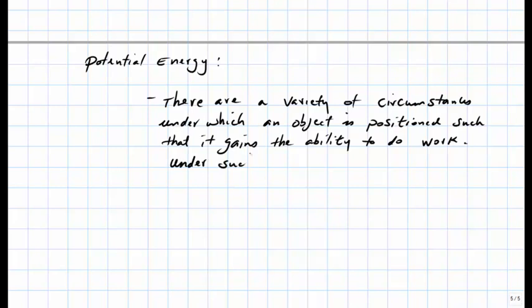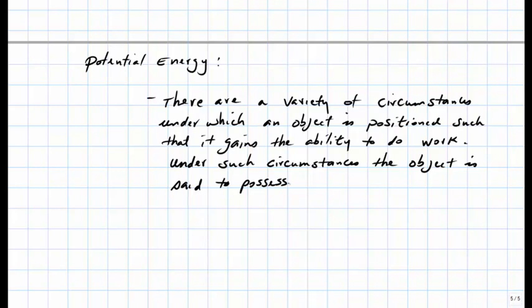Under such circumstances, the object is said to possess potential energy.